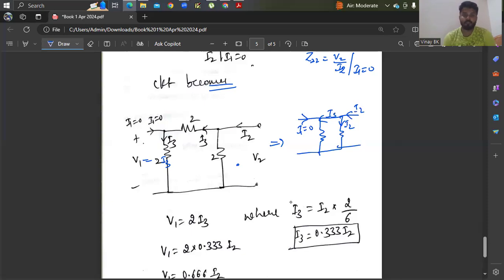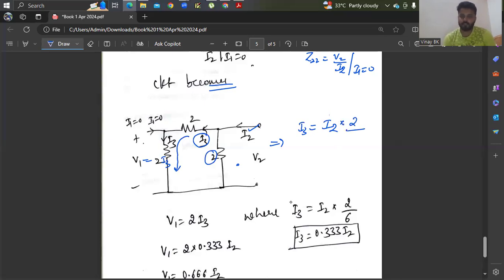Then you need to apply the current divider rule to find the value of I3. If you want to find this I3, the total current is I2. Therefore, I3 is flowing through the 4 ohm resistor, so the opposite resistor is 2 ohm. I3 is I2 into 2 divided by the sum of resistors, that is 2 plus 4, which is 6.